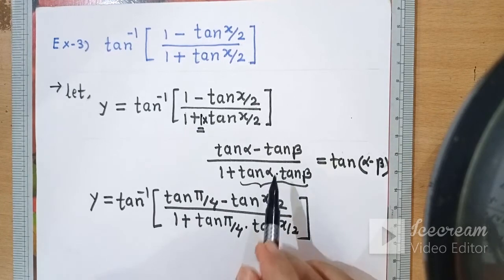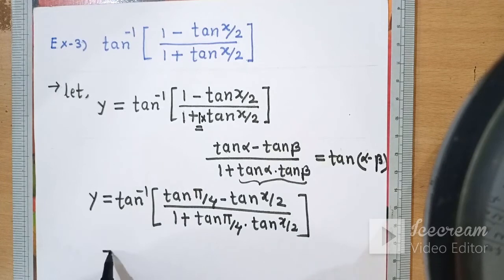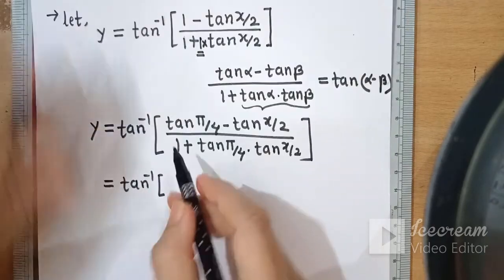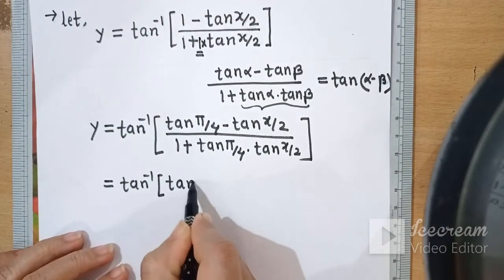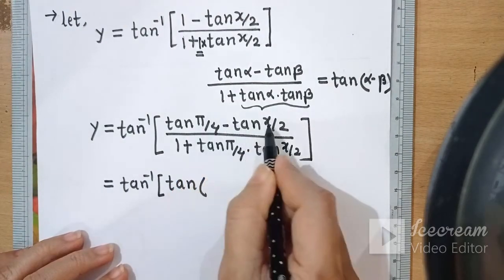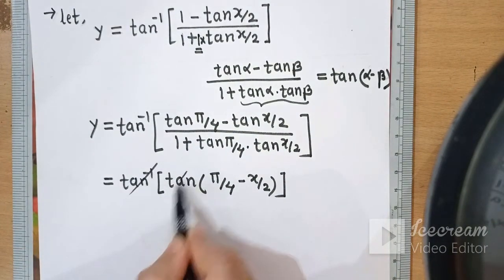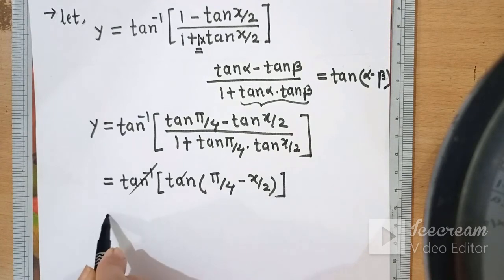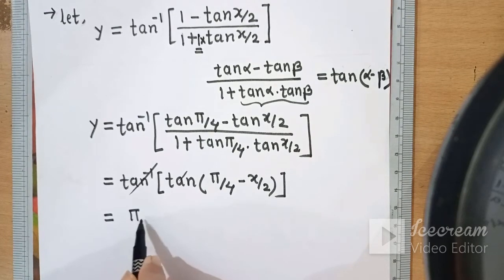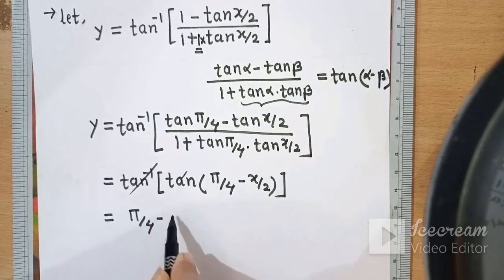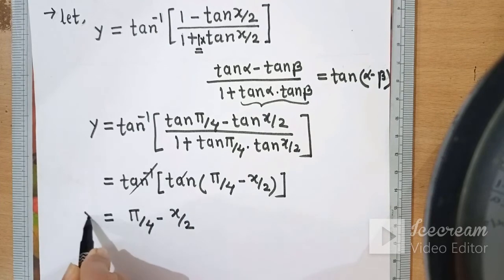Now by using this formula we have tan inverse of, here I am writing tan of pi by 4 minus x by 2, and again by the rule this tan inverse and tan get cancelled, and so the simplest form is pi by 4 minus x by 2.